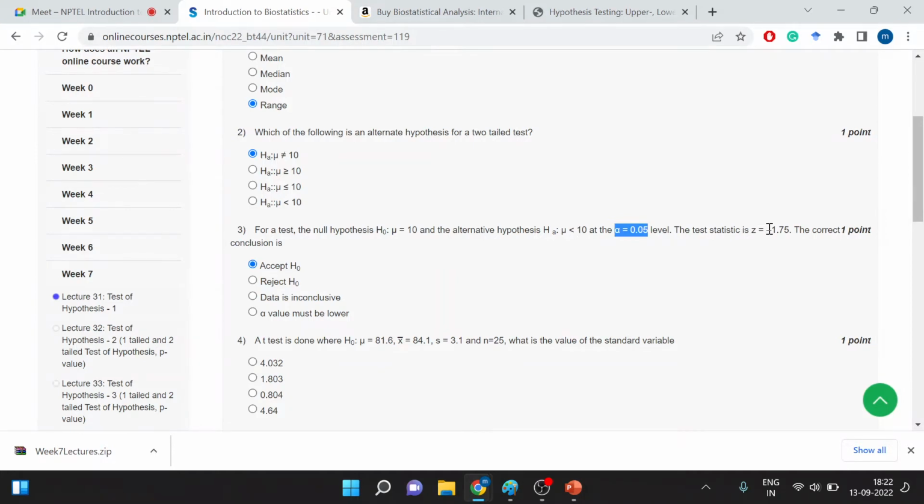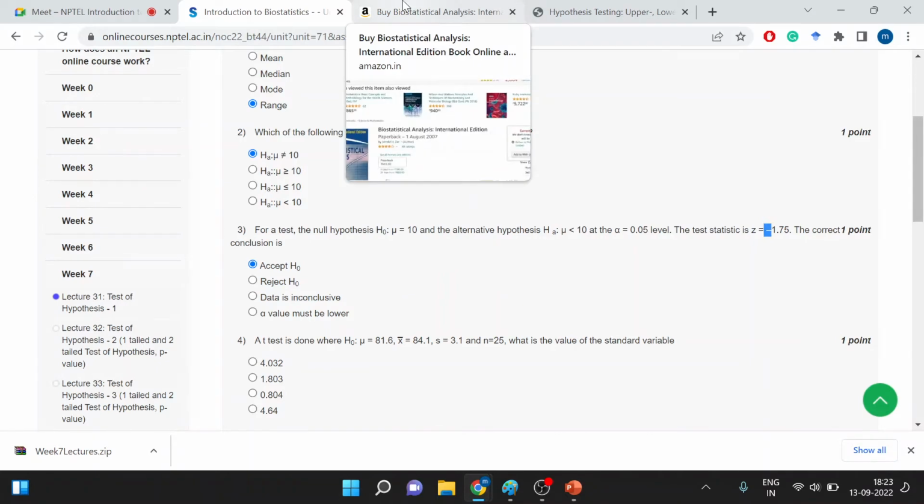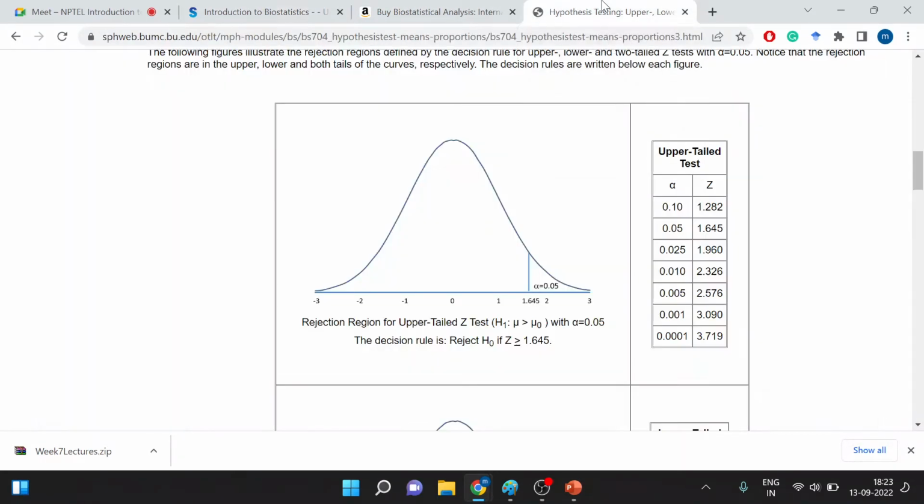That is what the negative sign signifies. So given this value, what do you think the answer is? The z statistic that you require is minus 1.645, and this is minus 1.75. The magnitude of this is greater than the required z statistic. So what do you think should happen? Should you accept the null hypothesis or reject the null hypothesis?